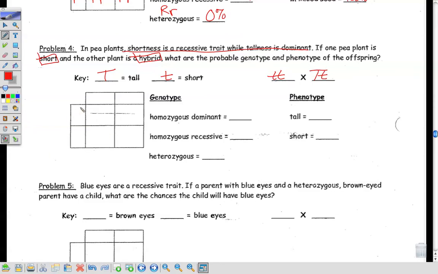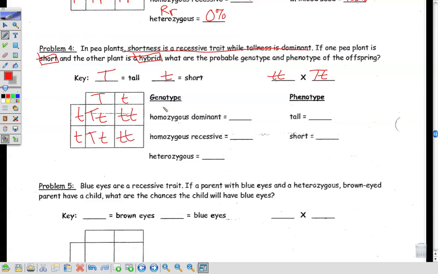So parent 1 we'll put on the left. Parent 2 we'll put up top. That is a capital T there. Alright, so we have heterozygous, homozygous recessive, heterozygous, and homozygous recessive.